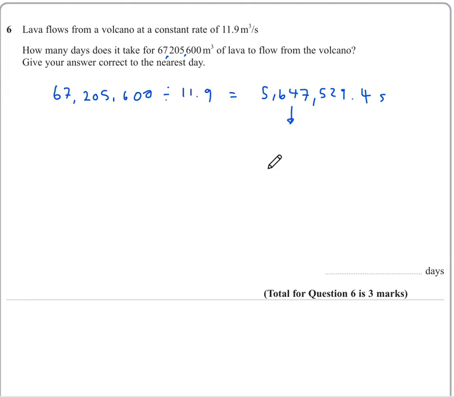So we need to scale that up into days. We'll do it step by step. If we divide that by 60, that's going to change it into minutes. Around 94,000. Just going to keep my units there, just keep track of what I'm doing. Let's change it to hours now, so 60 minutes in an hour.